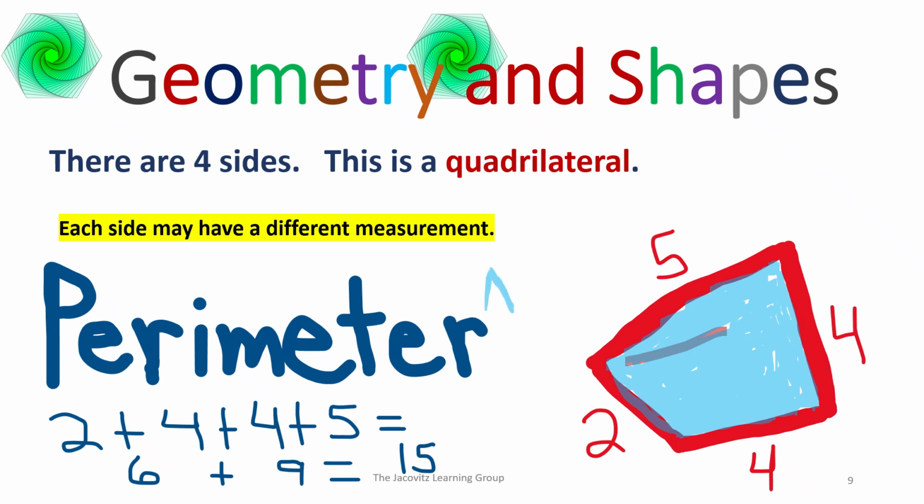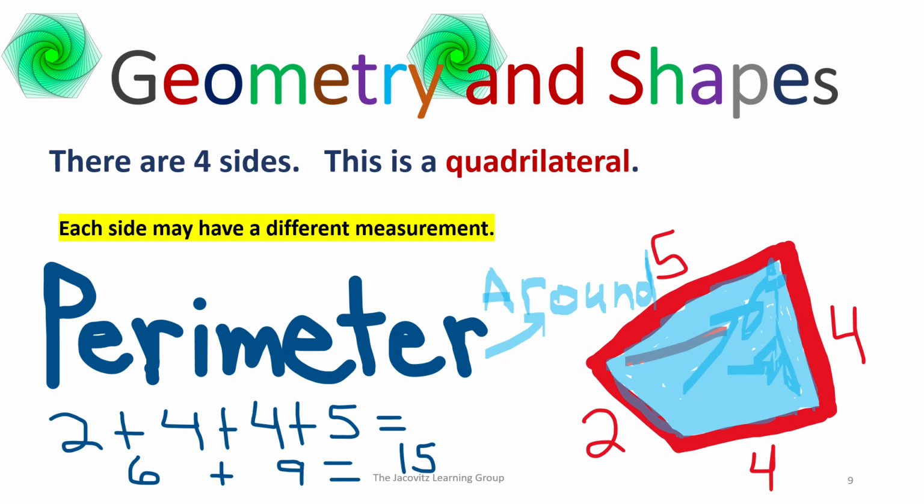So we're going to think of this as a round. Everybody got it? So perimeter is, okay? So you're just adding everything around.